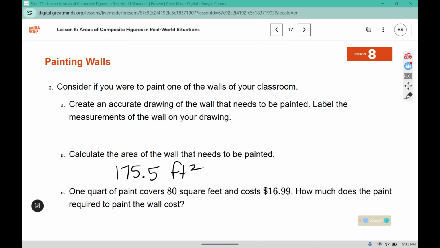Part C says 1 quart of paint covers 80 square feet and costs $16.99. How much does the paint required to paint the wall cost? Well, let's see. In order to figure out how many cans of paint we need, we would divide by 80.